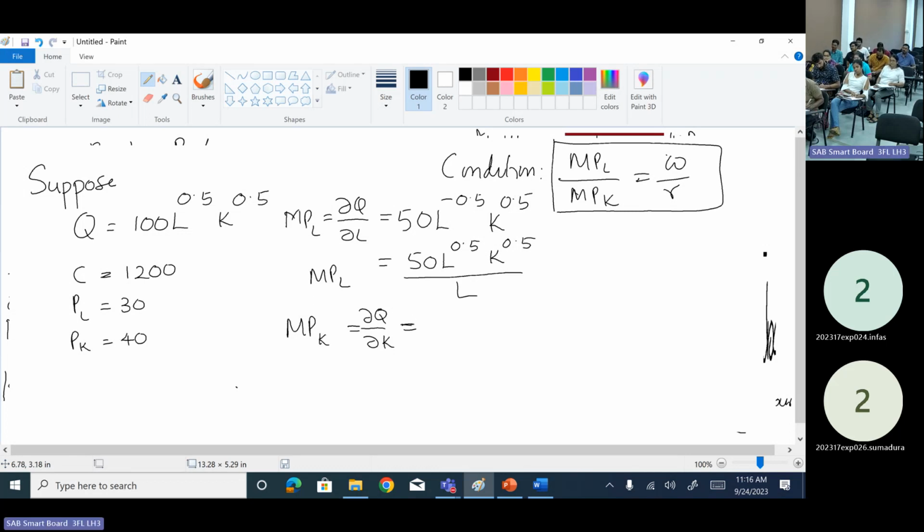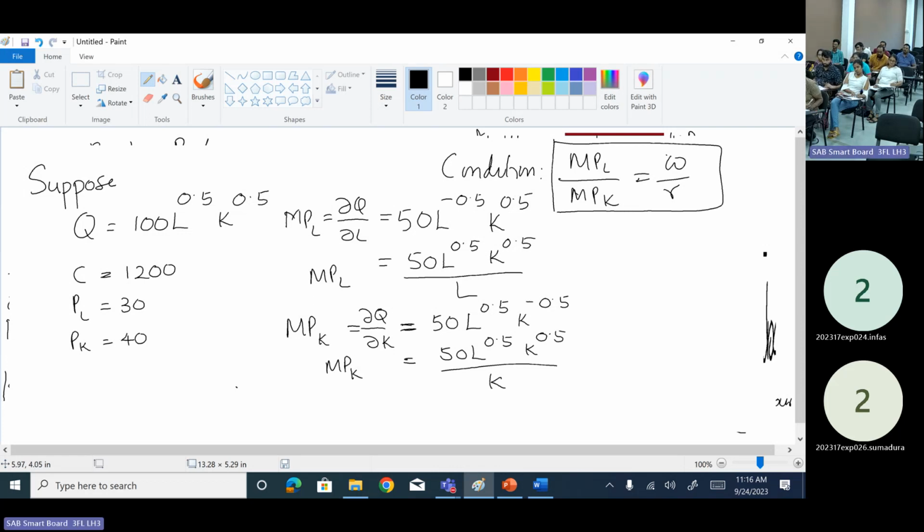That shows how much the output changes with a change in capital, delta Q over delta K. So 0.5 into 100 is 50, L to the power 0.5, K to the power minus 0.5. We can make this positive by taking it below: 50 L to the power 0.5 divided by K to the power 0.5. That is MPK.